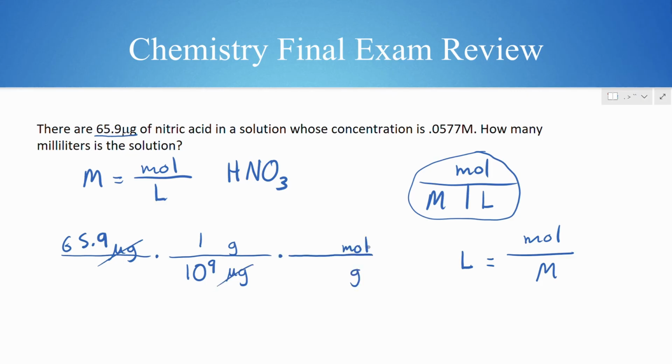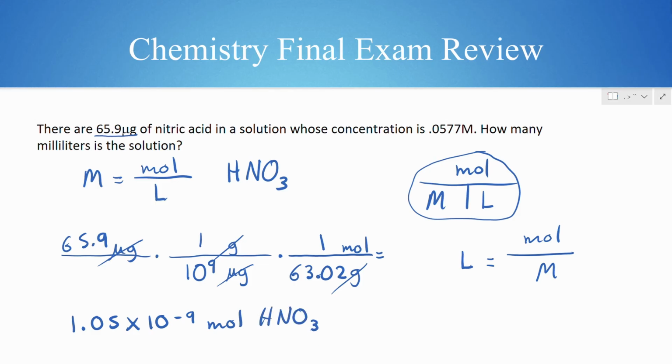The molar mass is the number of grams in 1 mole of this compound. That's going to be the mass from hydrogen, nitrogen, and 3 oxygens, which is 63.02 grams in 1 mole. So now grams cancel out, we're left with moles, and we can multiply. This ends up being 1.05 times 10 to the negative 9 moles of HNO3.